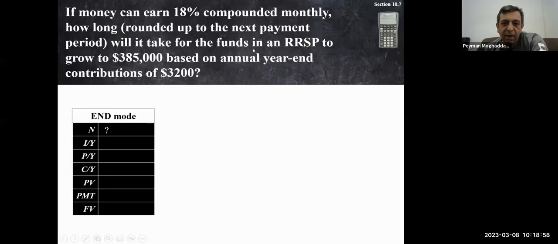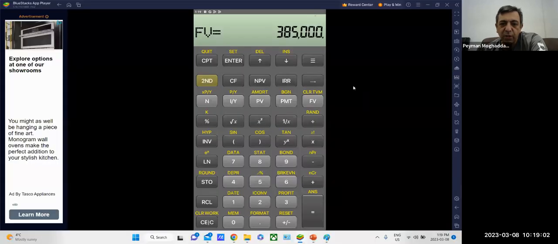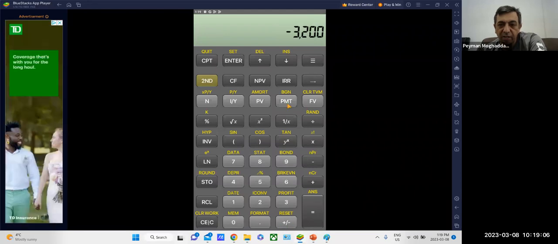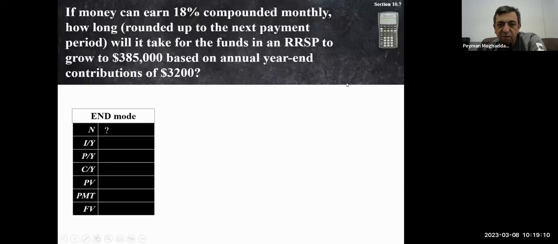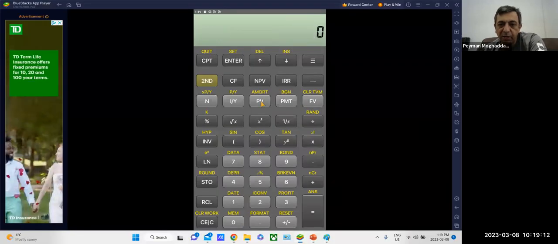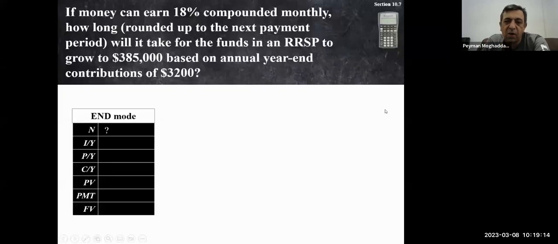You made the payment of 3,200, so make sure you put a negative sign on it. The present value is 0 because you start from 0 and sum up your savings until you get to that $385,000 mark.